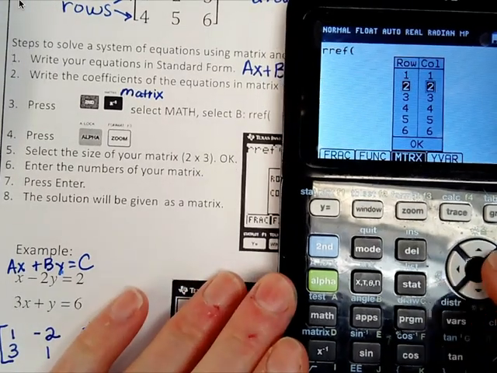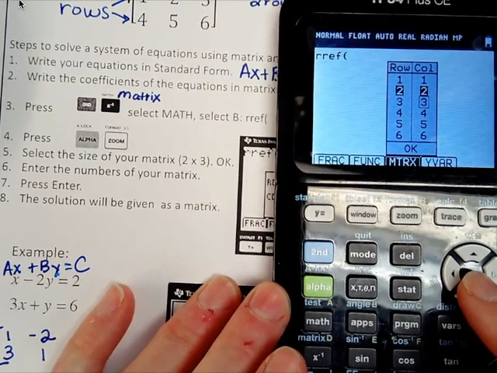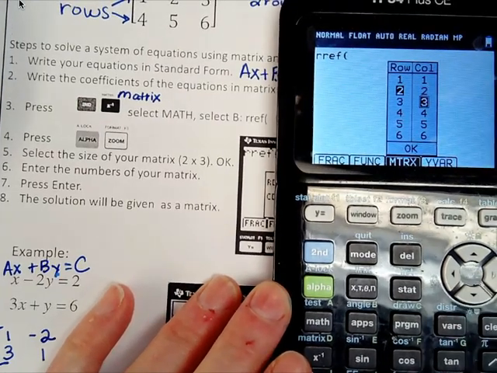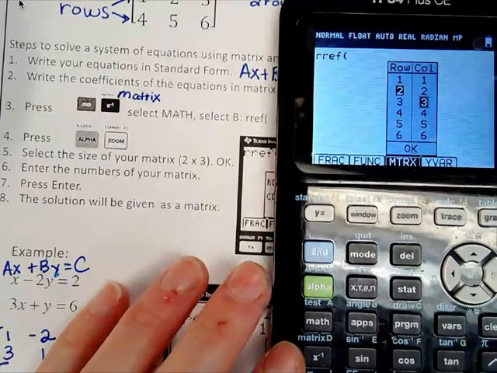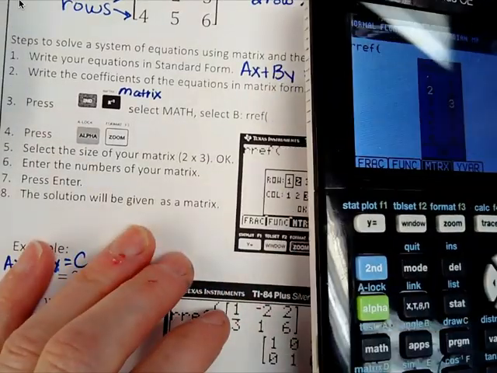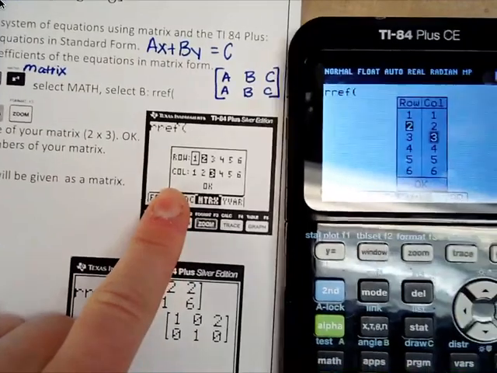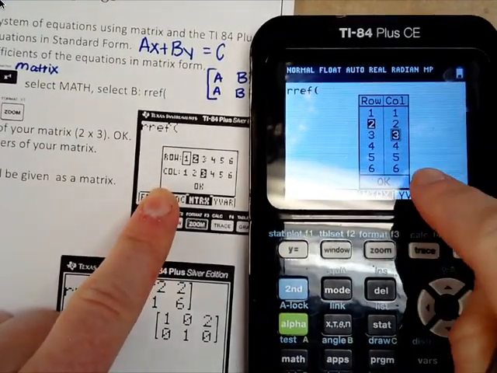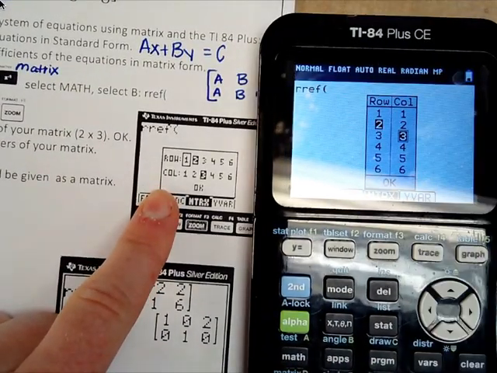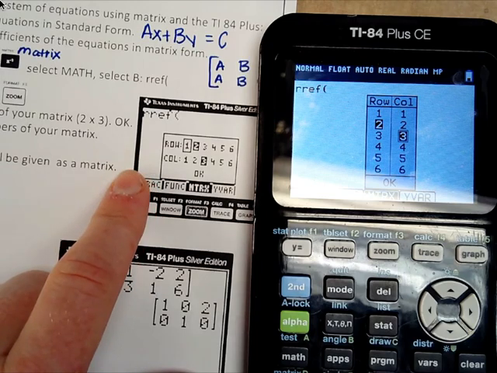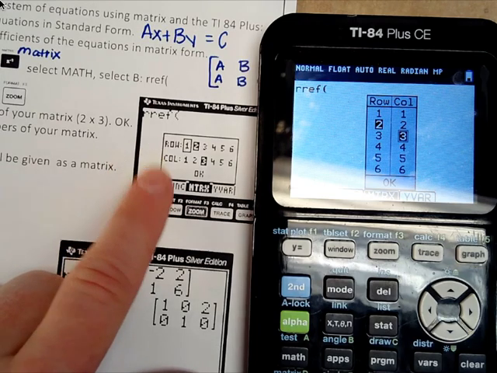So we're going to have to arrow up and then go over to the column, push enter, so that it's now selecting that 3. So this one, see how this one's like sideways, but this one's up and down? Same thing. This was just a different operating system. This might be how yours looks on your other calculator.